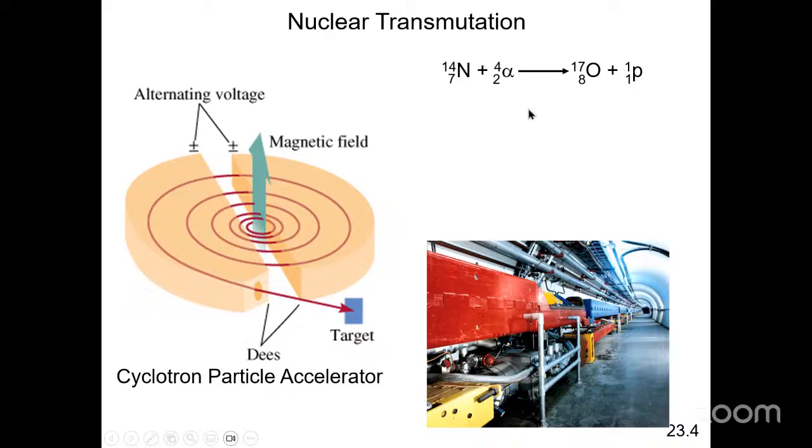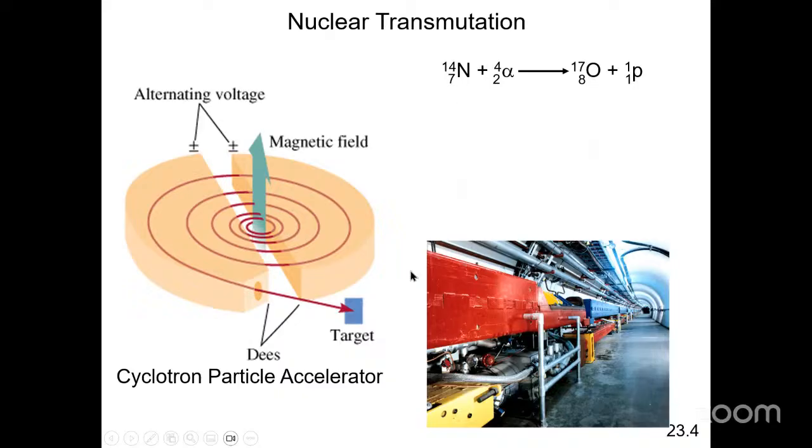It's called nuclear transmutation. Basically what that means is that you're transforming one isotope to another, usually by bombarding a more stable isotope to form one that is more reactive. In this particular case, we're making the oxygen-17 isotope, which is not stable, so it's radioactive, out of nitrogen-14, which is more stable.